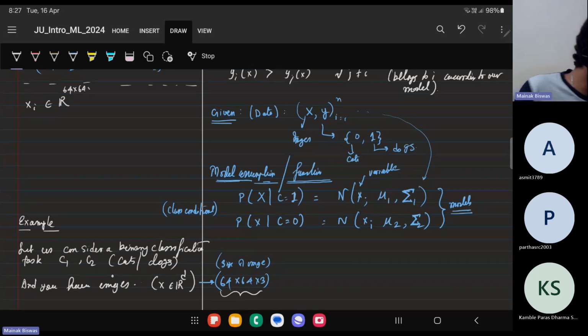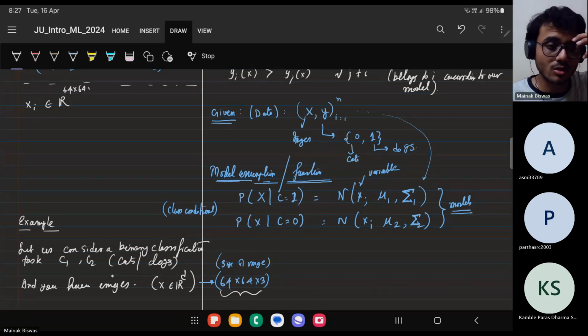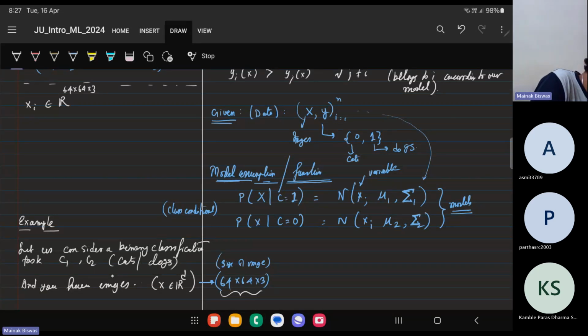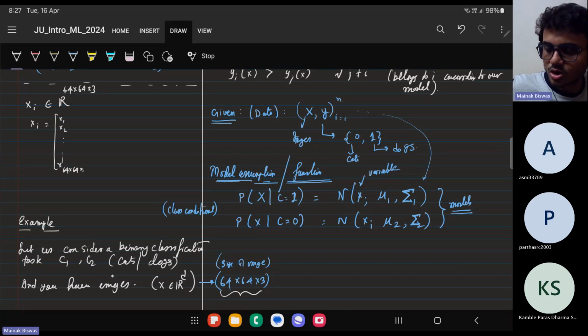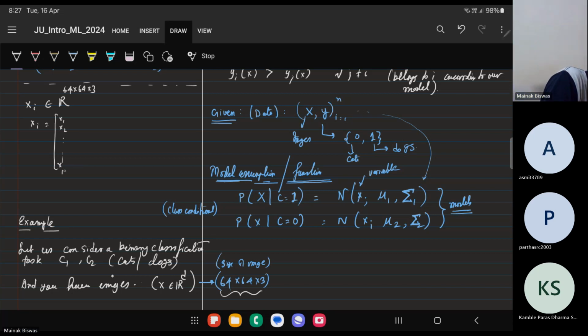So there are 64 cross 64 cross 3 features that this image has, and X_i will be a long vector X1, X2, dot, dot, dot, up to X of 64 cross 64 cross 3. Let me see how much this number is: 2 to the power 12 into 3, 64 square into 3, which is 12,288. So these many numbers are there.